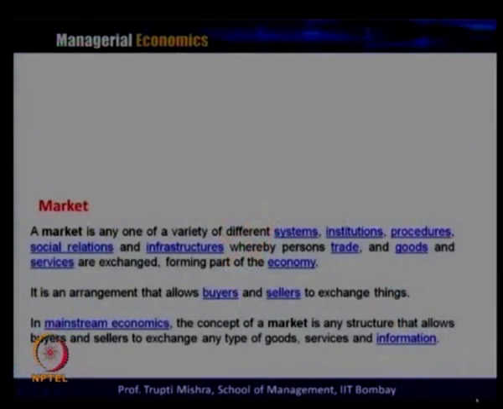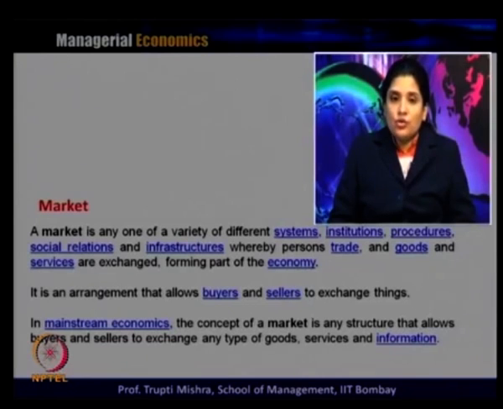To go beyond a more formal definition, a market is one of the variety of different systems, institutions, procedures, social relations and infrastructure whereby persons trade and goods and services are exchanged, forming part of the economy.